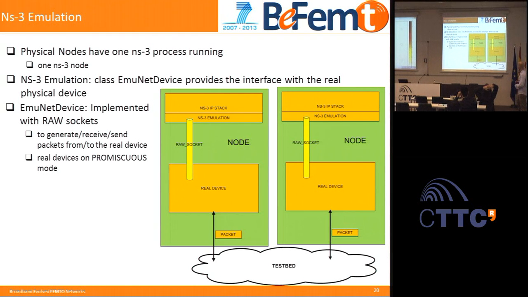So when a real packet comes, it's received by the real device and forwarded to the raw socket and then processed by the NS3 node. And also, when an NS3 node has to perform routing decisions and forward packets, the packet enters this pipe and goes over the testbed through the real device.